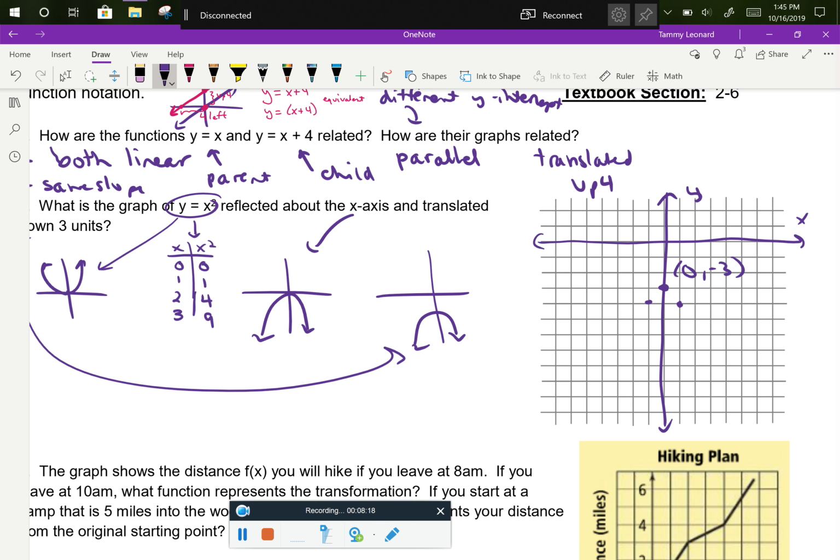That's 2 to the right and 4 down from the vertex, not from the last point I graphed. So I go back to my vertex, which should have been at the origin if it hadn't moved, and I would go 2 to the right and 4 down, and then I would also have that mirrored point. And if I have space on my graph, I can go back to the vertex and go 3 to the right and 9 down, which I don't quite think I have space for.